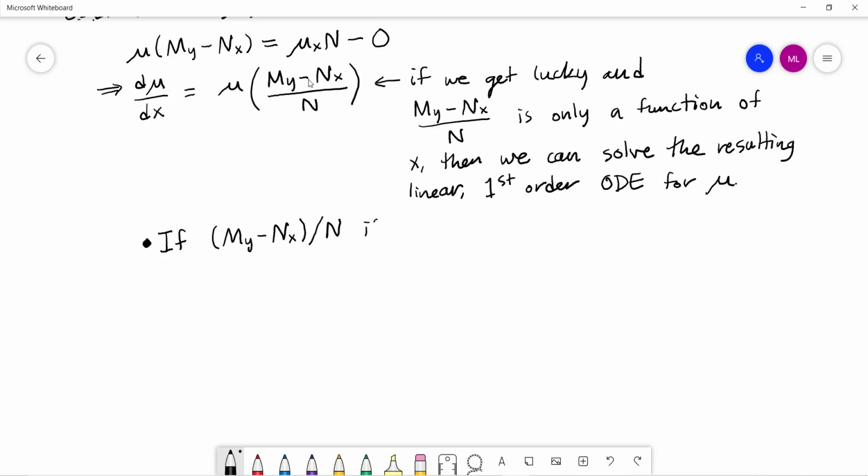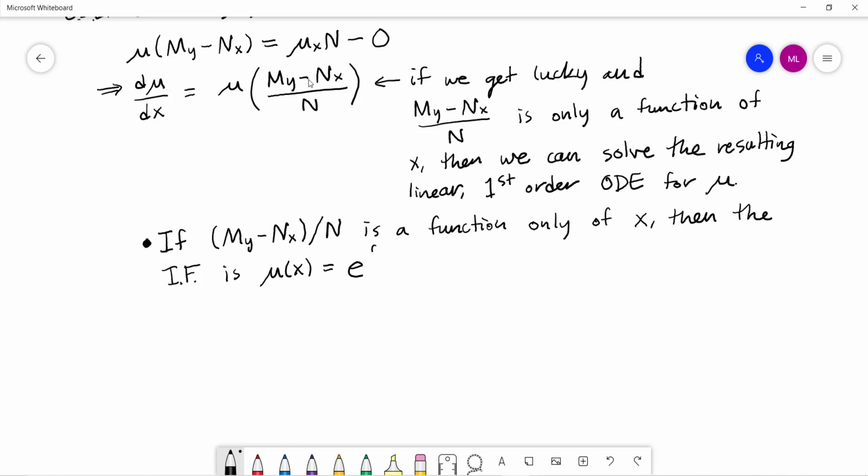If that is a function only of x, then our integrating factor mu of x should be equal to e to the integral of m_y minus n_x over N dx.